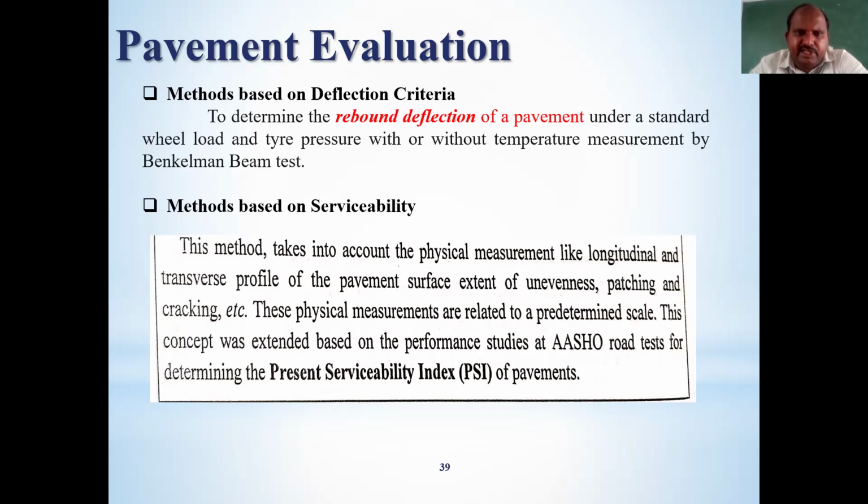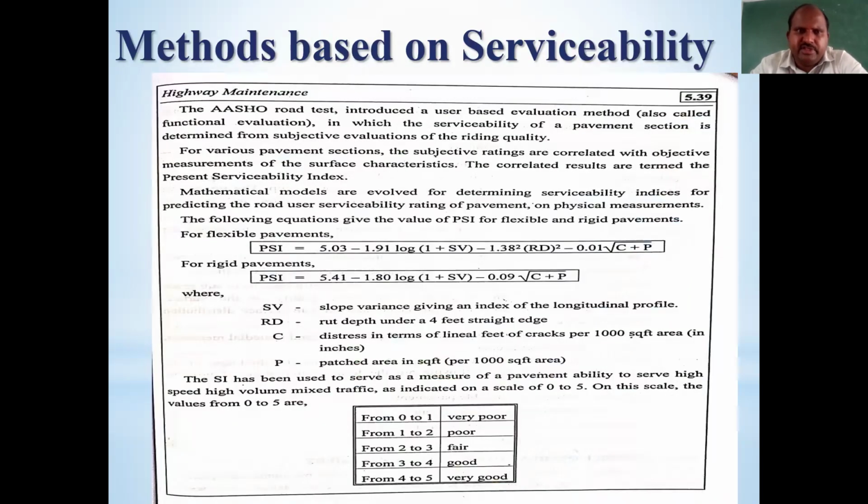This method takes into account physical measurements like longitudinal and transverse profile of the pavement surface, extent of unevenness, patching and cracking, etc. These physical measurements are related to a predetermined scale. This concept was extended based on the performance studies at the AASHO road test to determine the present serviceability index.